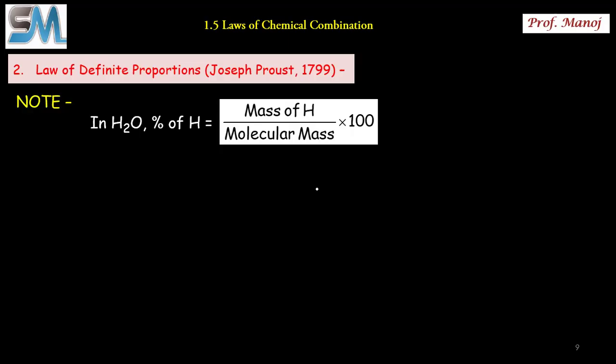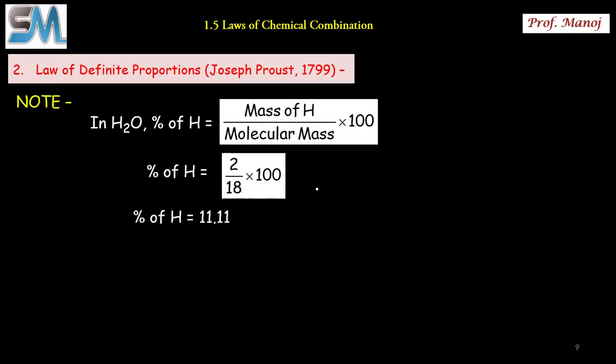So in H2O, the mass of hydrogen is 2. Molecular mass of water is 18. Multiply by 100. So percent of hydrogen is calculated as 11.11. Suppose someone asks you to find the percent of oxygen: since there are only two elements, subtract this from 100 and we will get the answer 88.89% of oxygen.